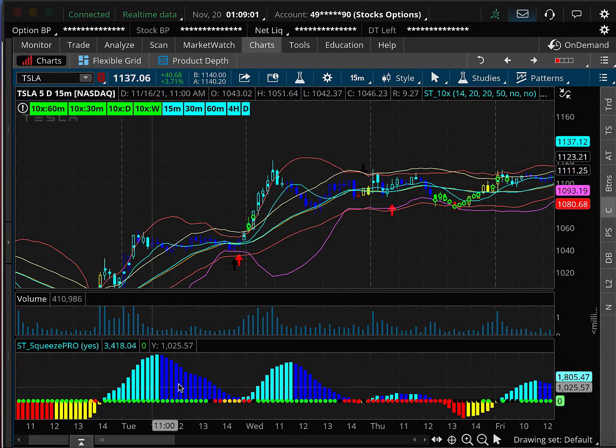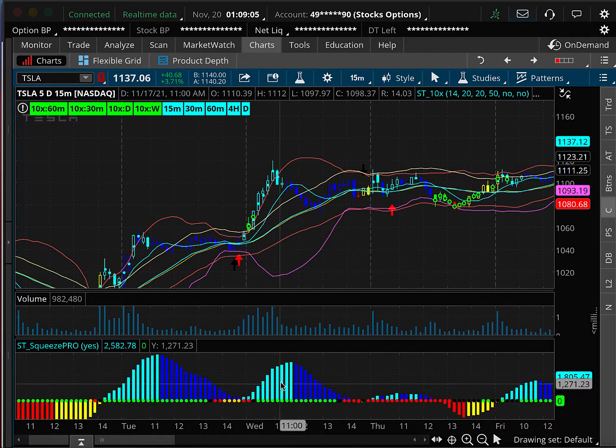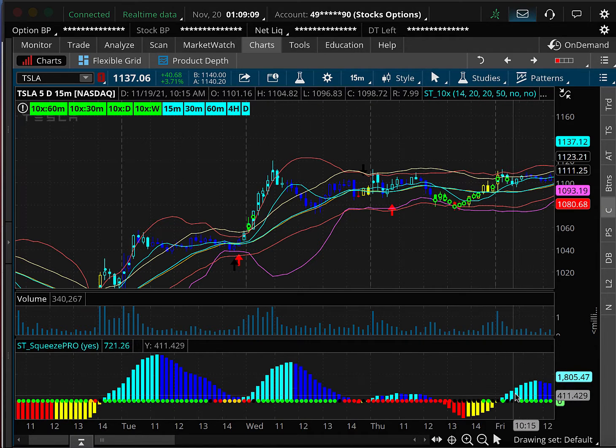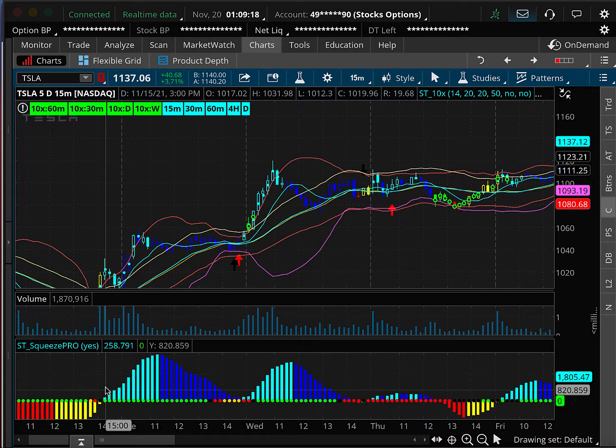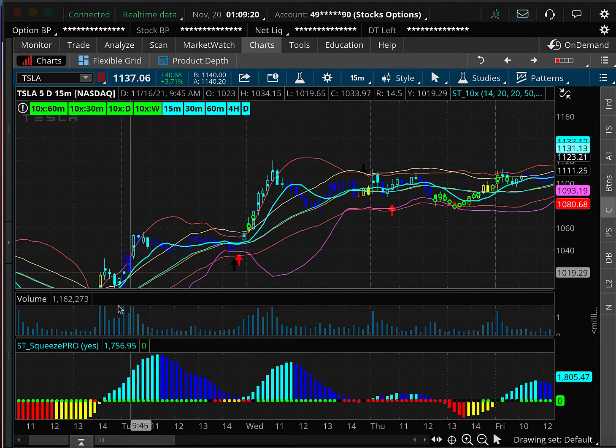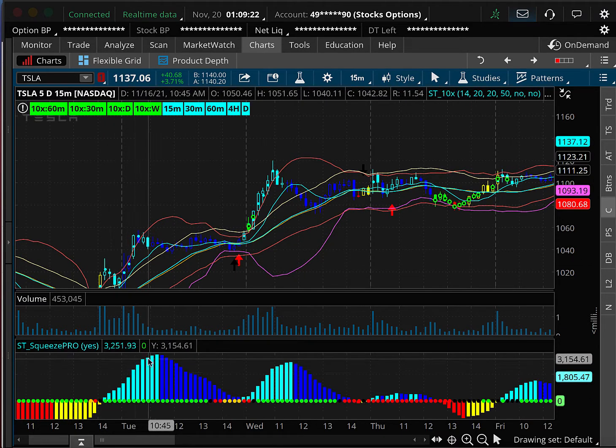I would say that's something like 7 to 9 bars for Tesla, and it can be different for different stocks, but typically 7 to 9 upward histogram bars. So you might want to exit at 7 or 8 if you're trading this momentum right here.